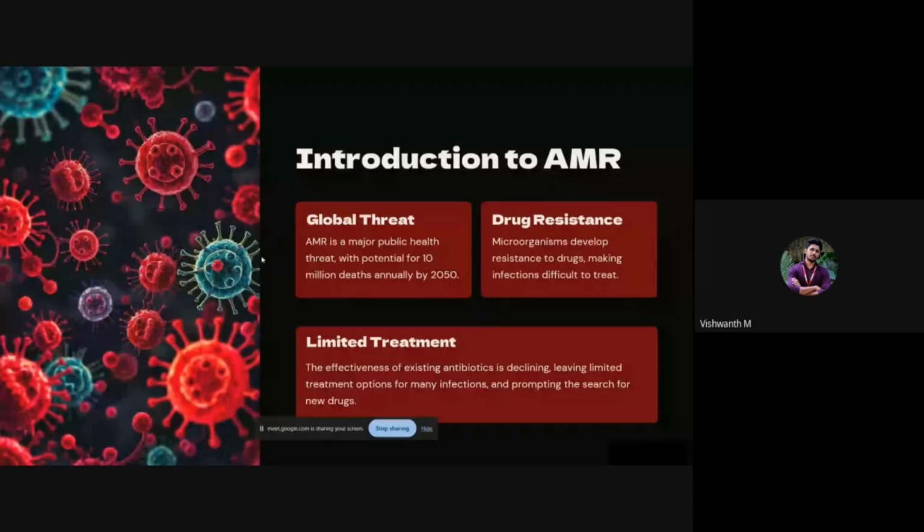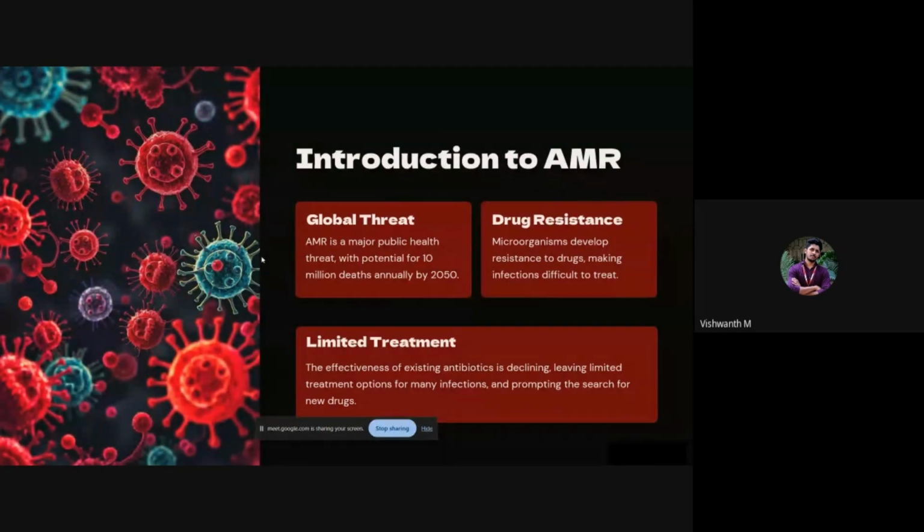So, what causes AMR? We just looked into what antimicrobial resistance is, so what may cause it? Even though it is a very rare thing which microorganisms undergo naturally, there are some artificial ways in which antimicrobial resistance is developed in microorganisms.